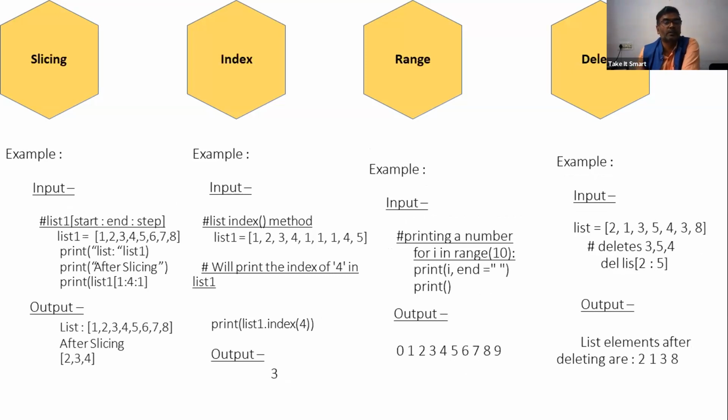Let's see a few more. What is this, guys? List. The example is slicing. After slicing, what will happen? Print list 1, whatever is in list 1 will be printed. Print after slicing. What am I giving? 141. We are taking out these numbers.